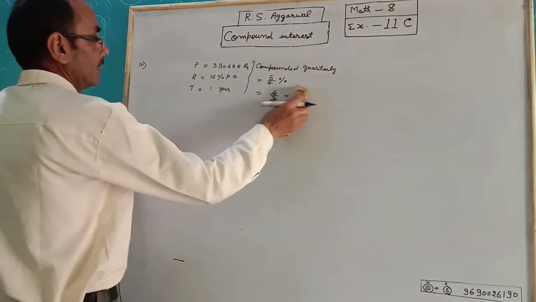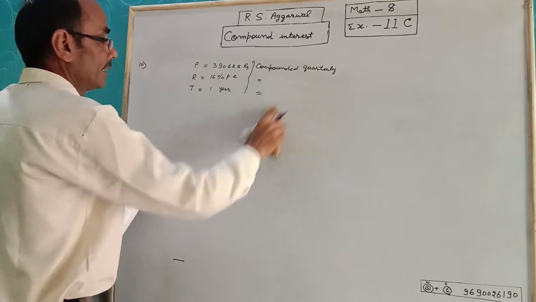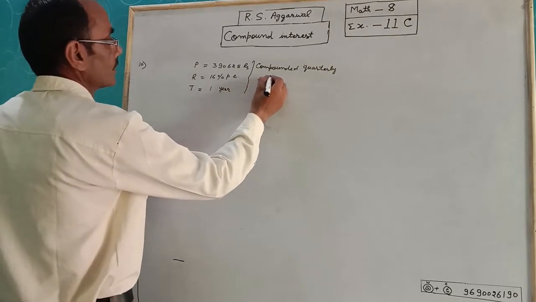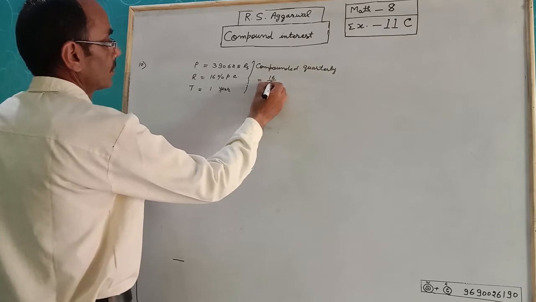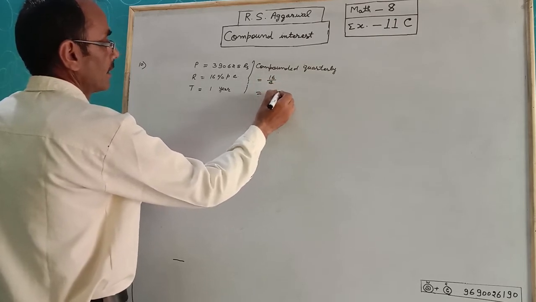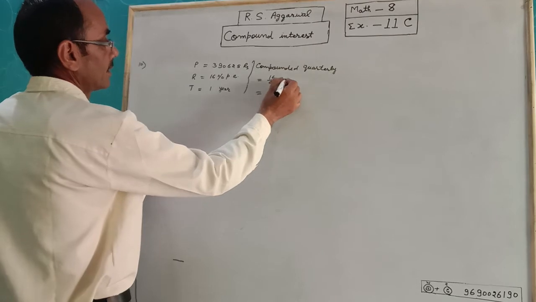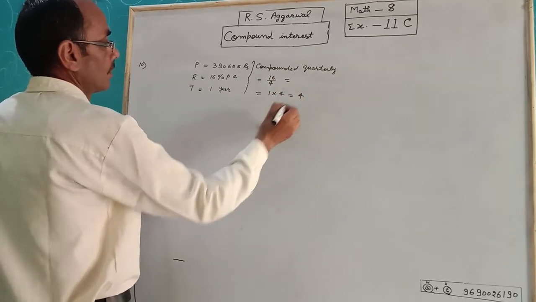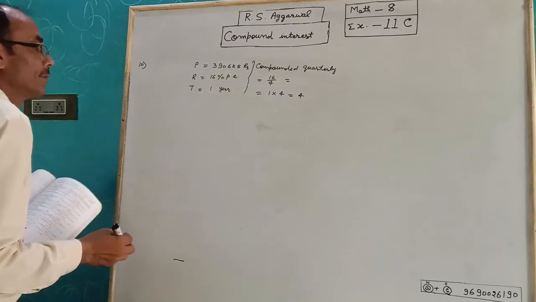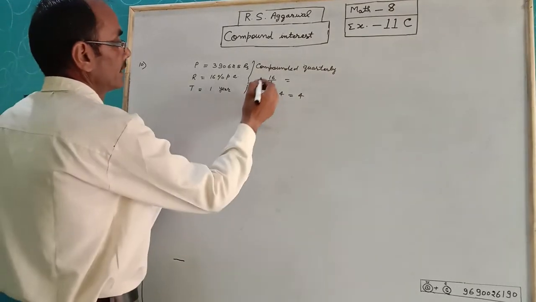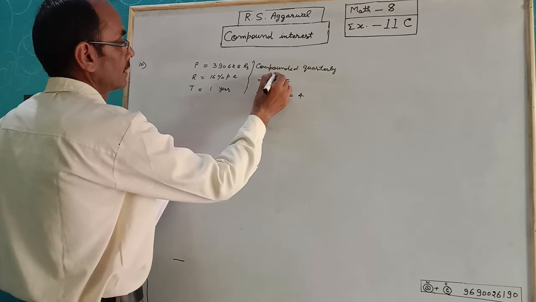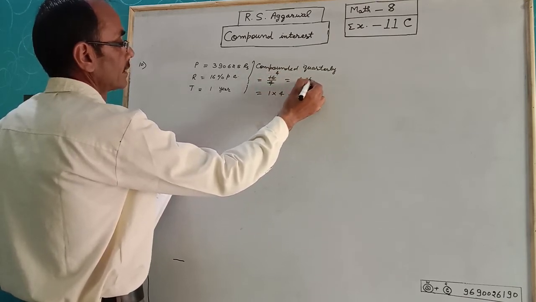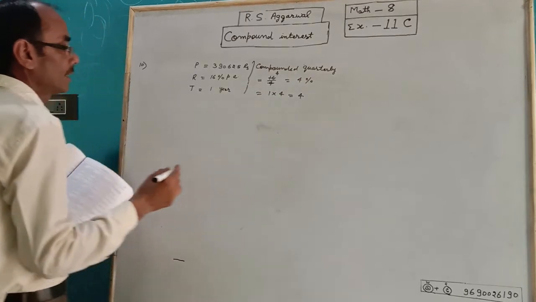For quarterly, R divided by 4, 16 upon 4, and multiply time: time is equal to 4, 4 quarters, make the 1 year. 16 divided by 4 is 4%, and 4 quarters.